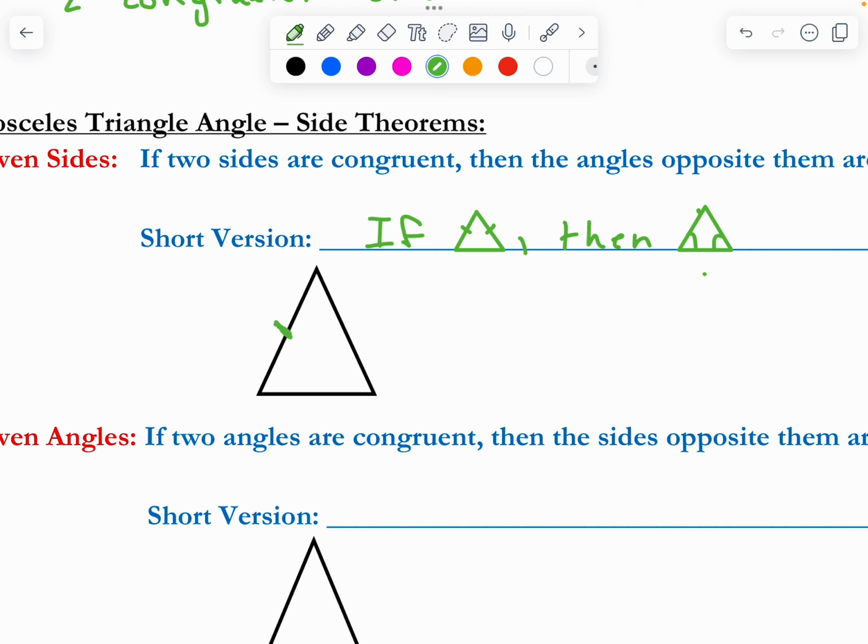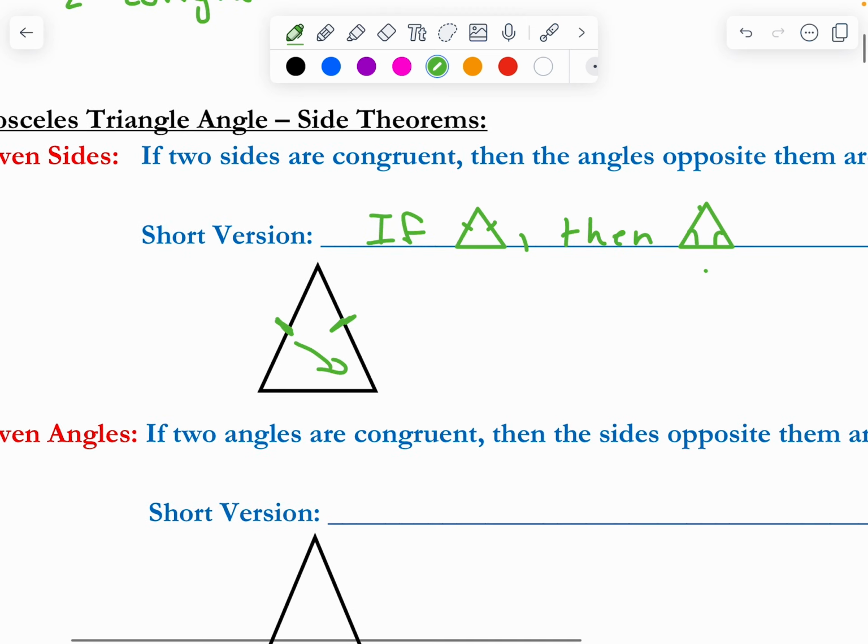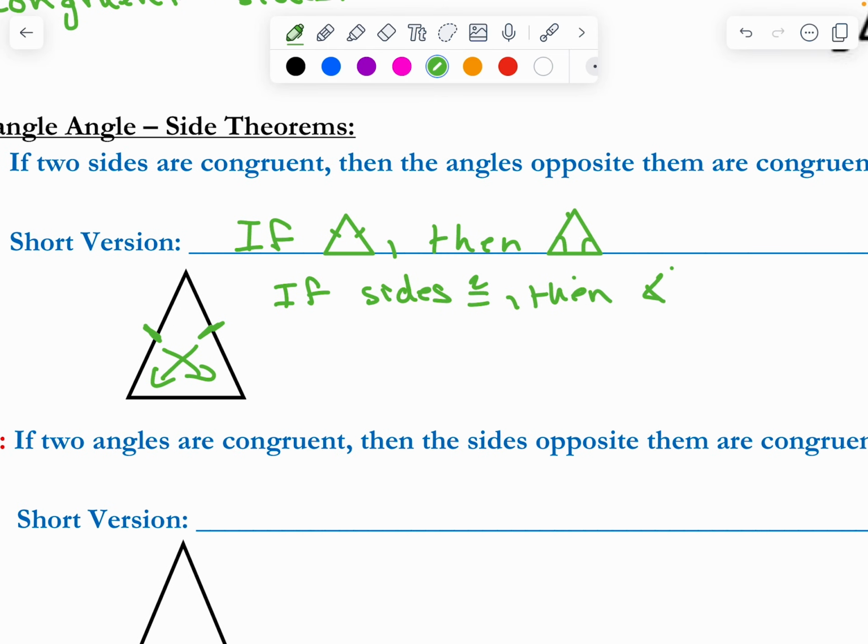So that means if I give you this triangle and I tell you, hey, these two sides are congruent, then the angles are going to be congruent. The opposite angles. So the base angle is there. If sides congruent, then angles congruent.